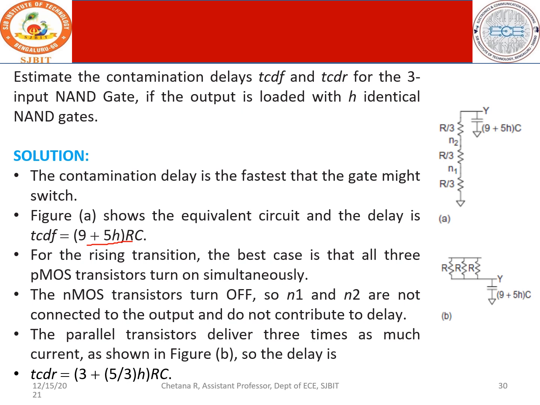Therefore, the contamination delay is reduced to one third of the earlier one, that is 3 plus 5 by 3 H RC. So this is the contamination delay when you have 3 resistances in parallel.